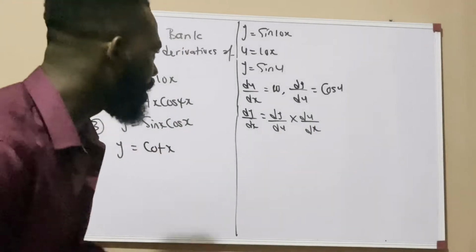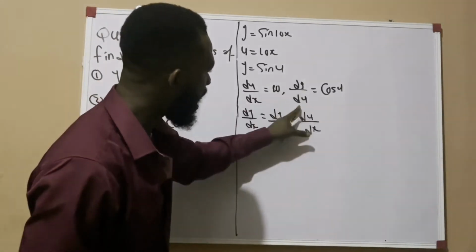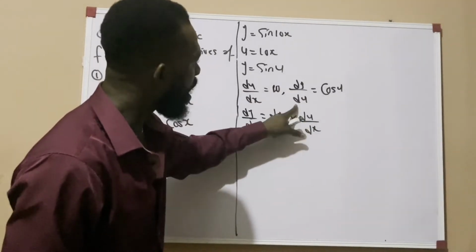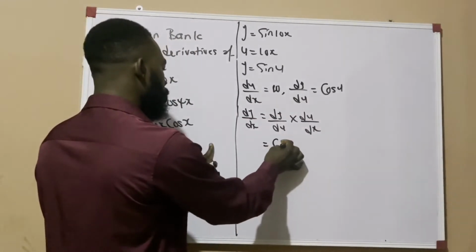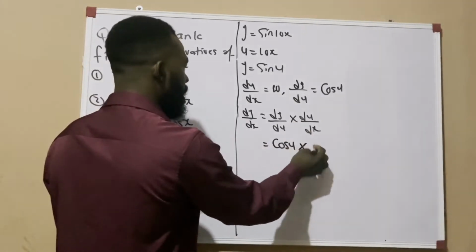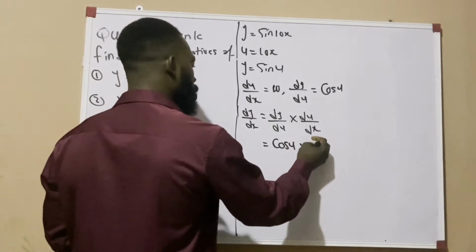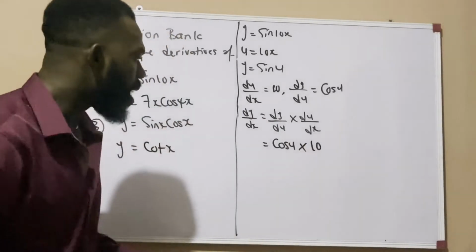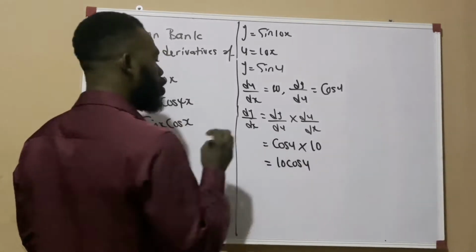So what does this mean? dy over du is cos u, and du over dx is 10. So here becomes cos u times 10, which gives us 10 cos u.